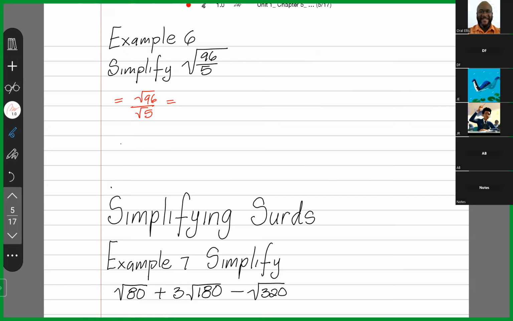Now, 96 is the same as saying the root of 16 times 6 over the root of 5. The square root of 16 is 4. So this is 4 root 6 over the root of 5. All right. So we have just done examples 3, 4, 5, and 6.